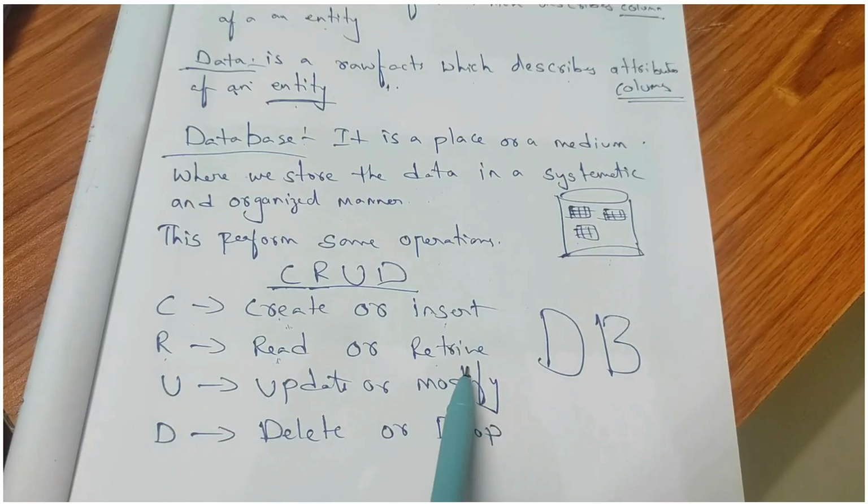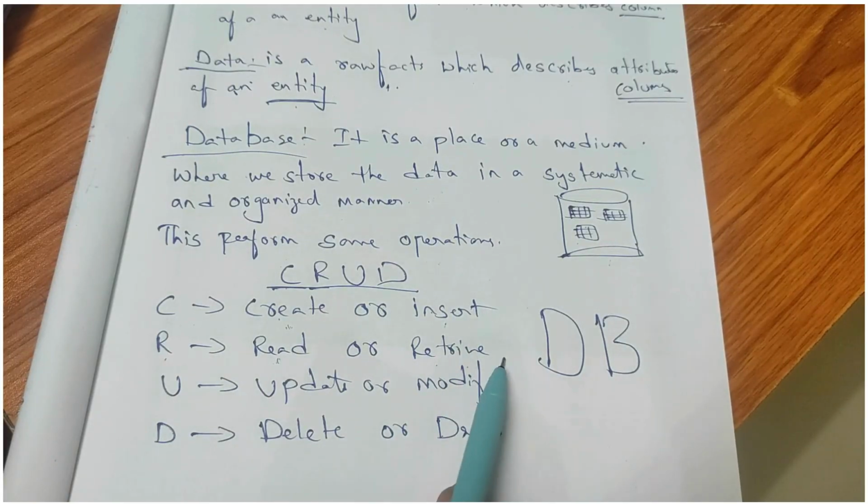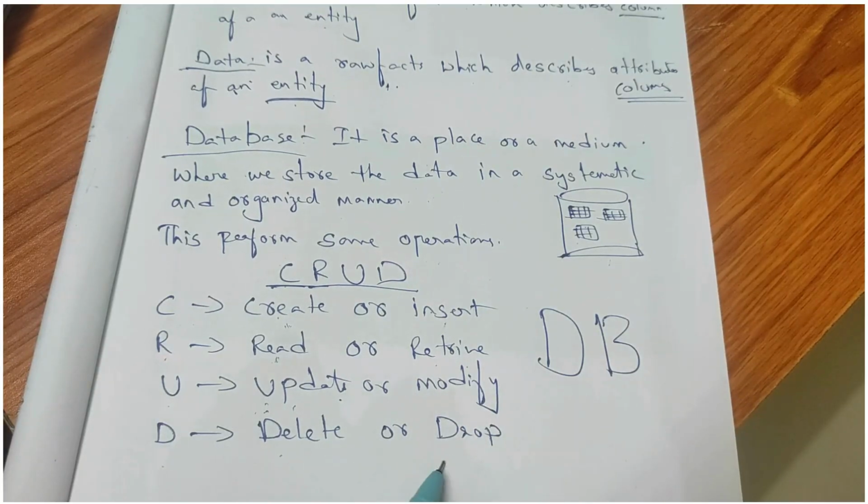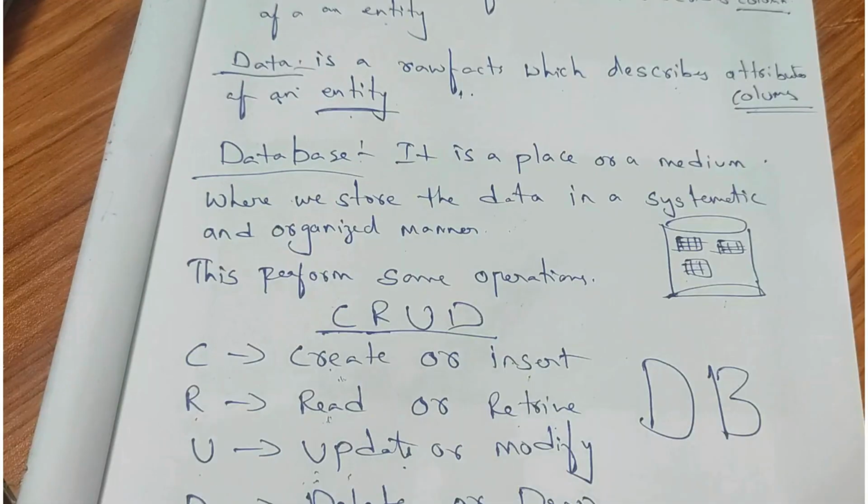Retrieve means he can get the data he wants using the query. U is update or modify. We can update the data in the table, rename the table name, change the salary, increase or decrease it, or modify the constraints. Later we'll be learning that. And D is delete or drop. We can delete the data or drop the entire table.